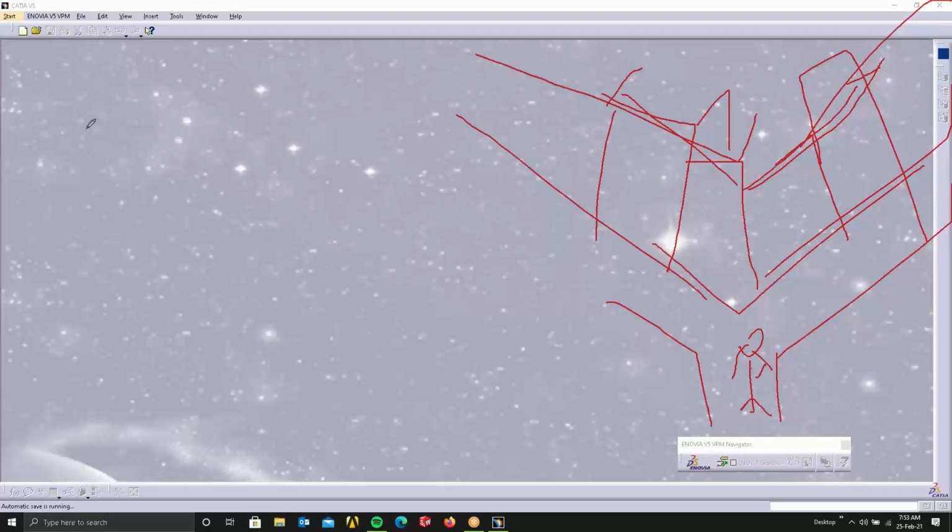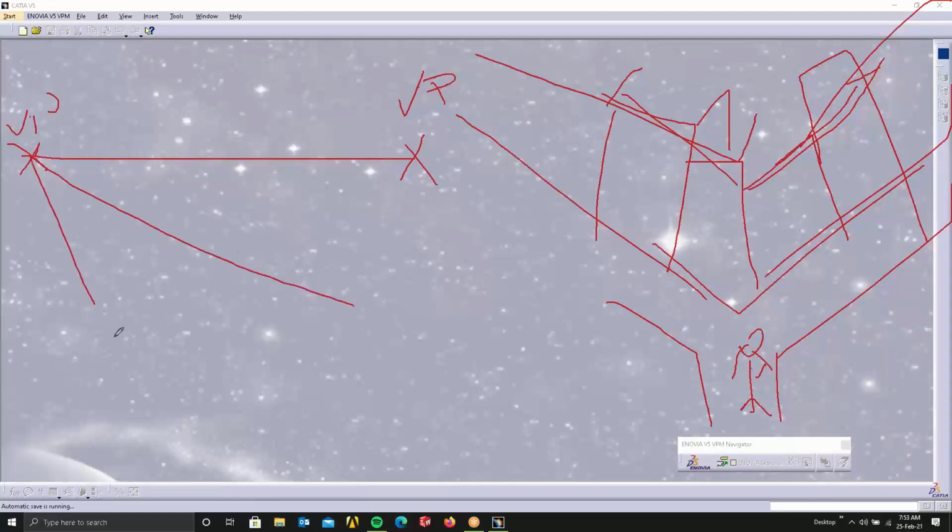In the same way, I'll just draw a datum line. I'll put a VP point here and a VP point here. Vanishing point, you can write the terminology so that you don't forget it. Then I just draw lines, one here, one here, one here, and another one here.